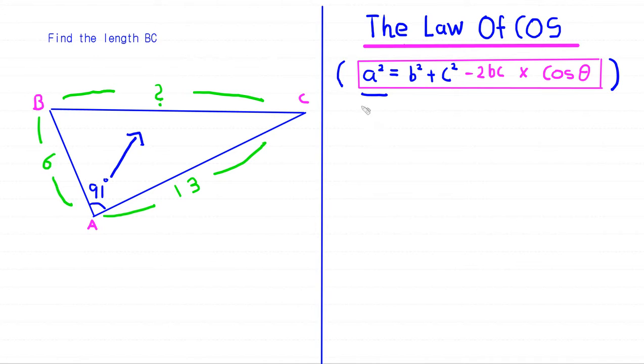And let's solve it. It is A squared, so I'll just leave A squared because we don't know the value right now. Is equal to B squared.